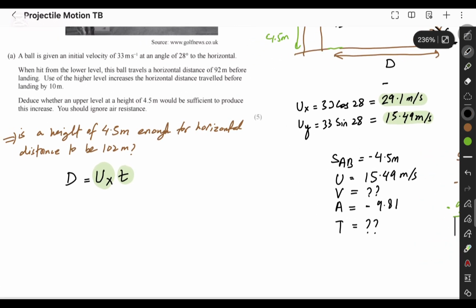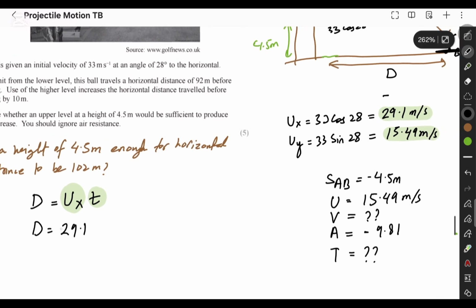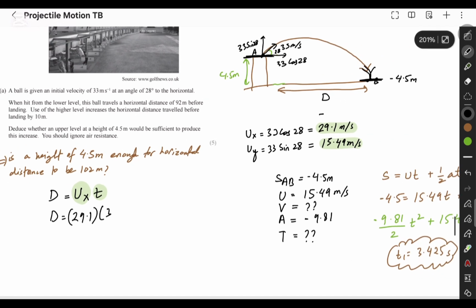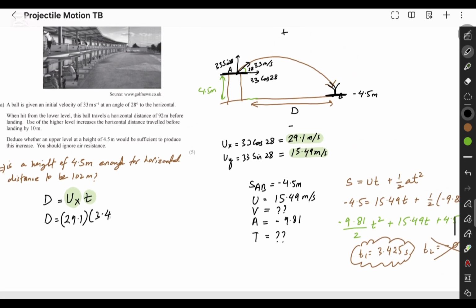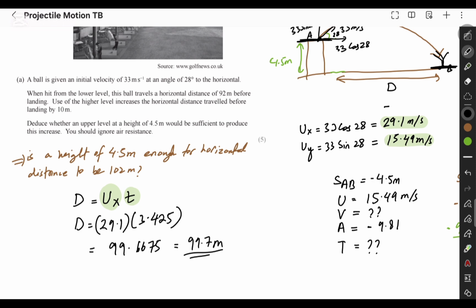So now all I have to do, D is equal to 29.1 times 3.425. So that's going to give me 99.6675. We can say that's going to be 99.7 meters. So this is going to be my horizontal distance D when my height is 4.5 meters.